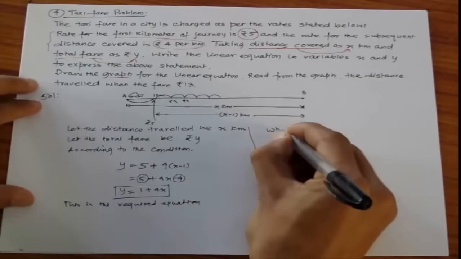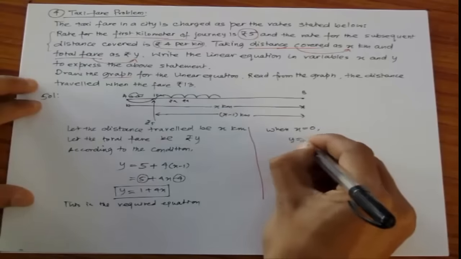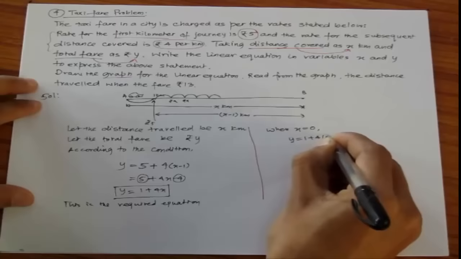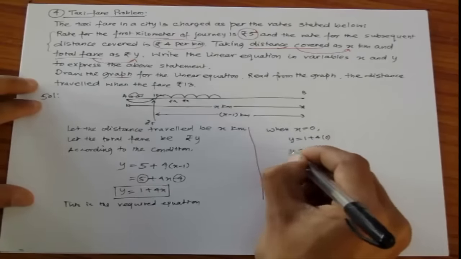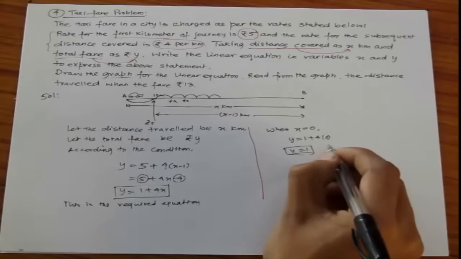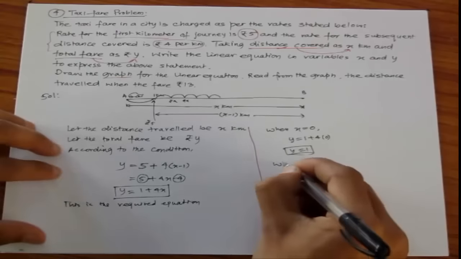When x equals 0, what do we get? y = 1 + 4 × 0, that is 4 × 0 equals 0, 0 + 1 equals 1. So the y value is 1. Next we take another x value.